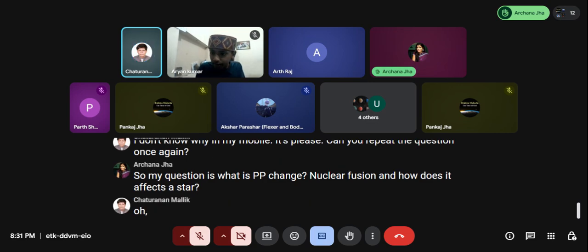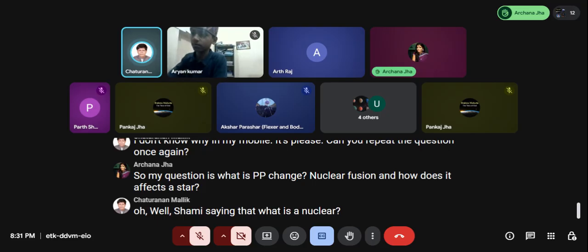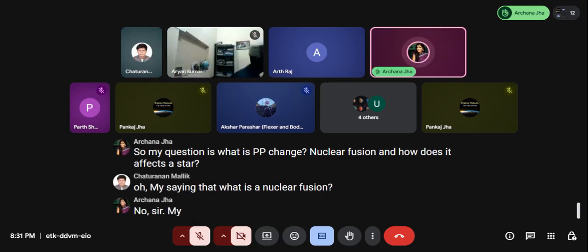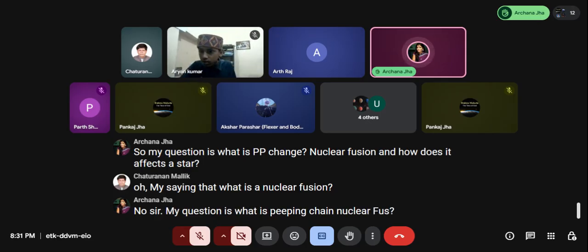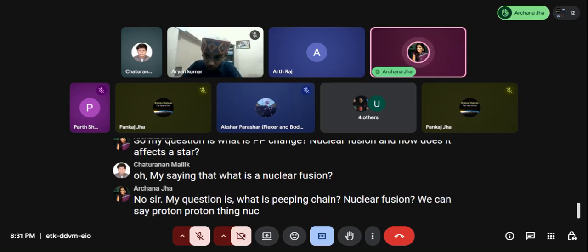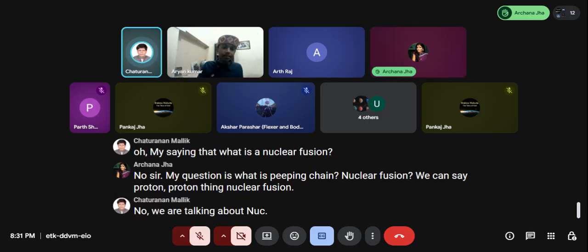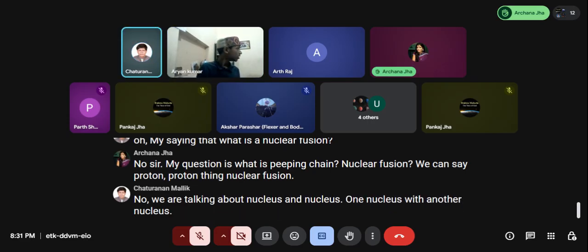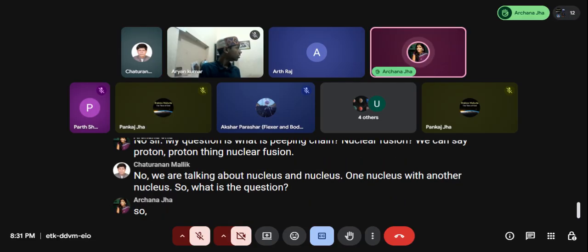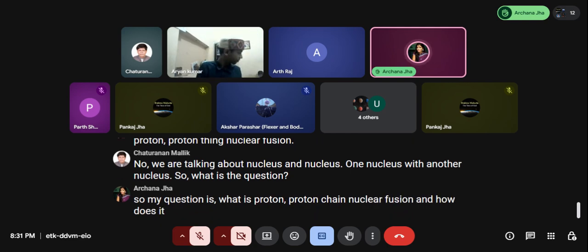What is PP chain nuclear fusion, or we can say proton-proton chain nuclear fusion? No, we are talking about nucleus and nucleus, one nucleus with another nucleus. What is proton-proton chain nuclear fusion and how does it affect stars?